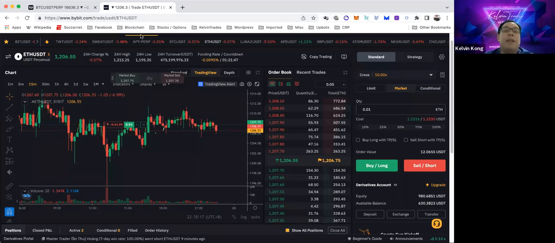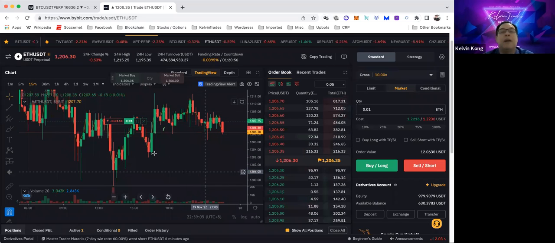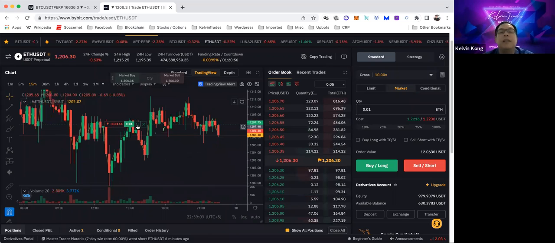But in Bybit, we have this cool feature, which means we don't need to exit the order at all. All we need to do is just click this. This is a long order. So see what happens if I click this. Reverse position.